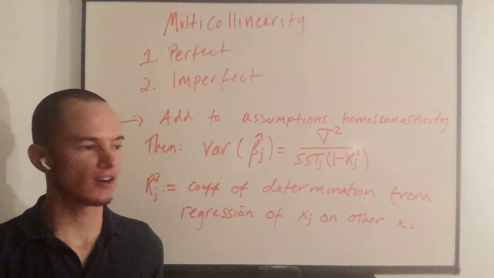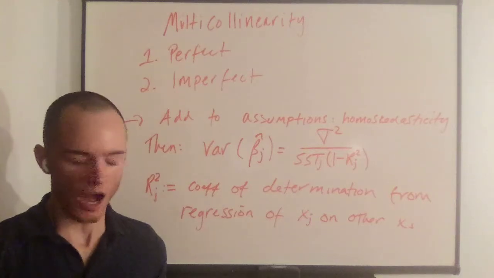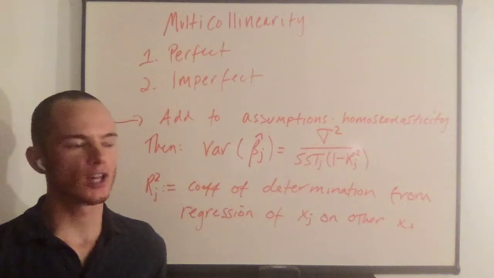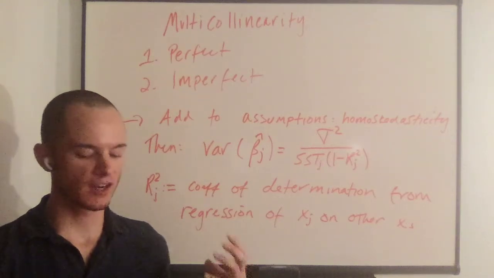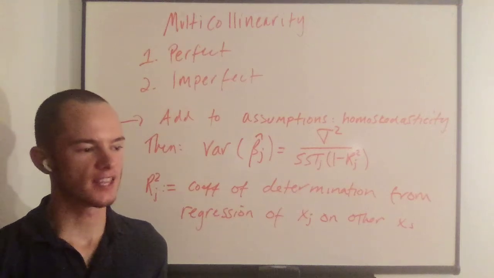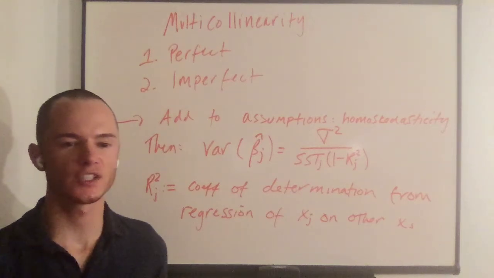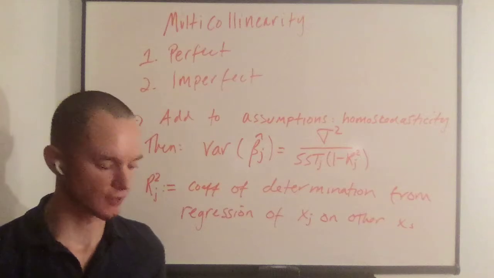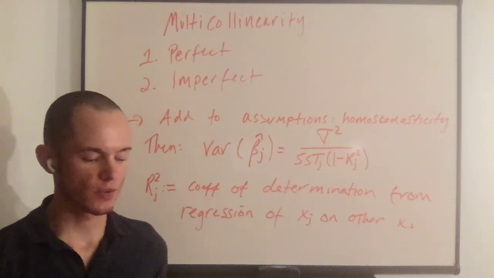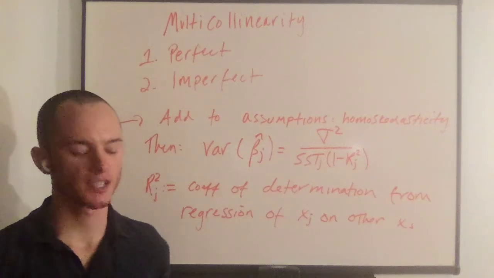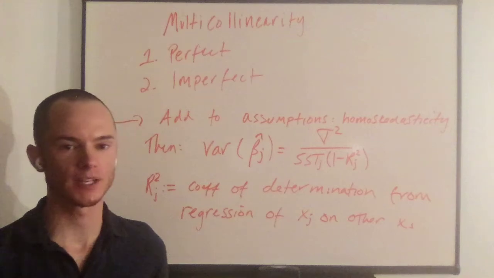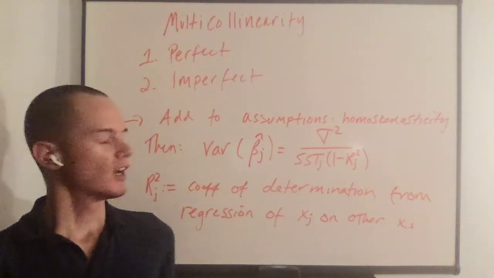Often this happens because a researcher has included, for example, a variable in thousands of dollars and a variable in millions of dollars unknowingly. And the way to solve that is just to exclude one of the variables. Imperfect multicollinearity arises when there is an imperfect, albeit close, linear relationship among the independent variables.